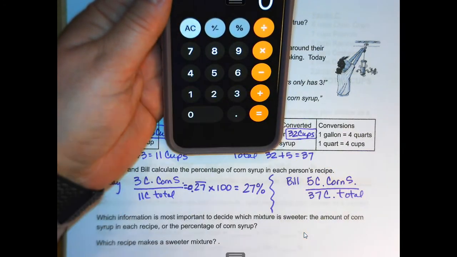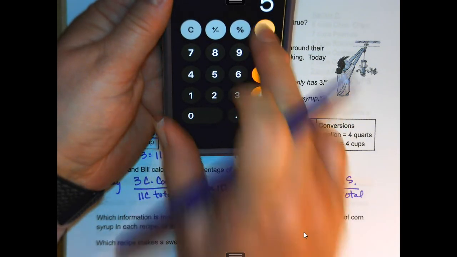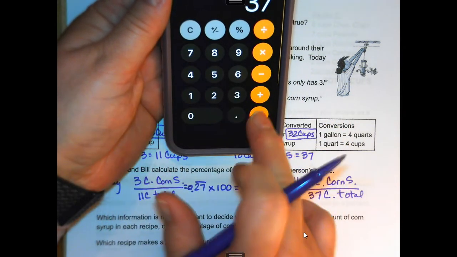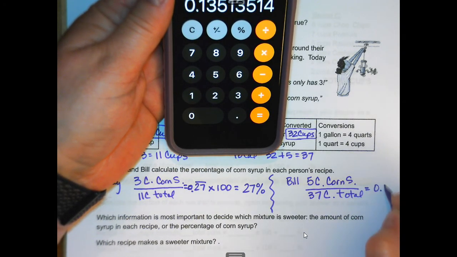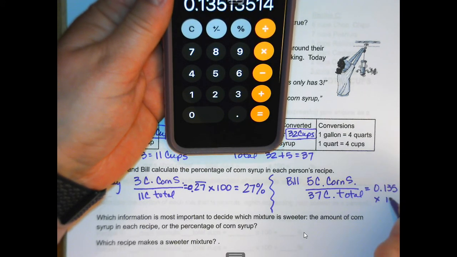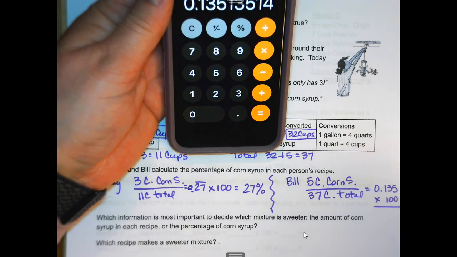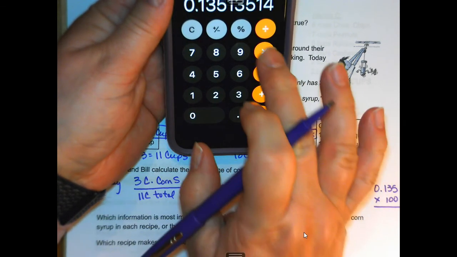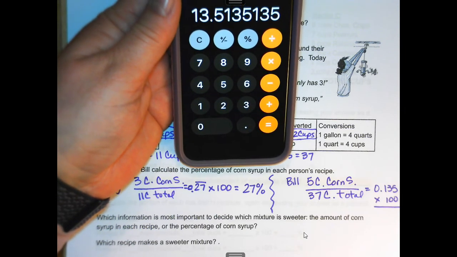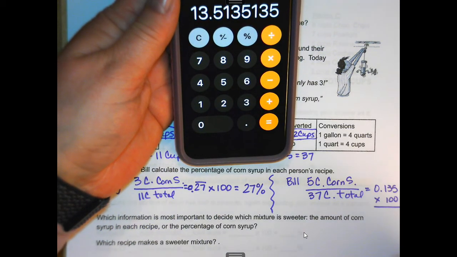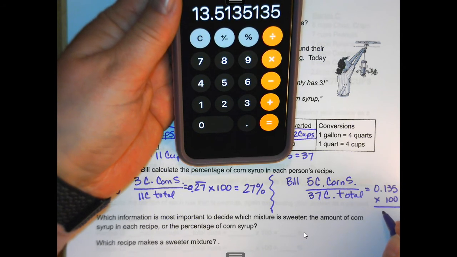Let's just do that one more time. 5 divided by 37 equals 0.135, and we're going to multiply that times 100, and our answer is going to be, so you can see it in the calculator, 13.5%. So we're going to round that to the nearest tenth in this case.